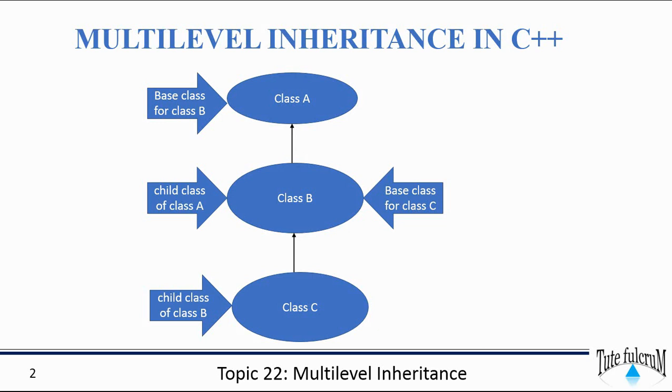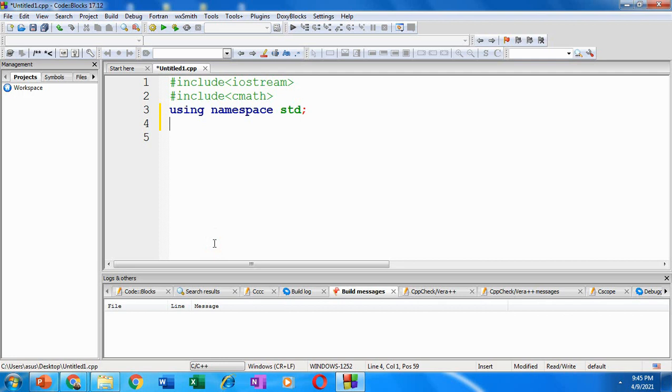Let's take an example, implement and understand this concept. So let's start implementing. Let's first create a base class. Let the student class be our base class and let this class hold the basic or personal details of a student.